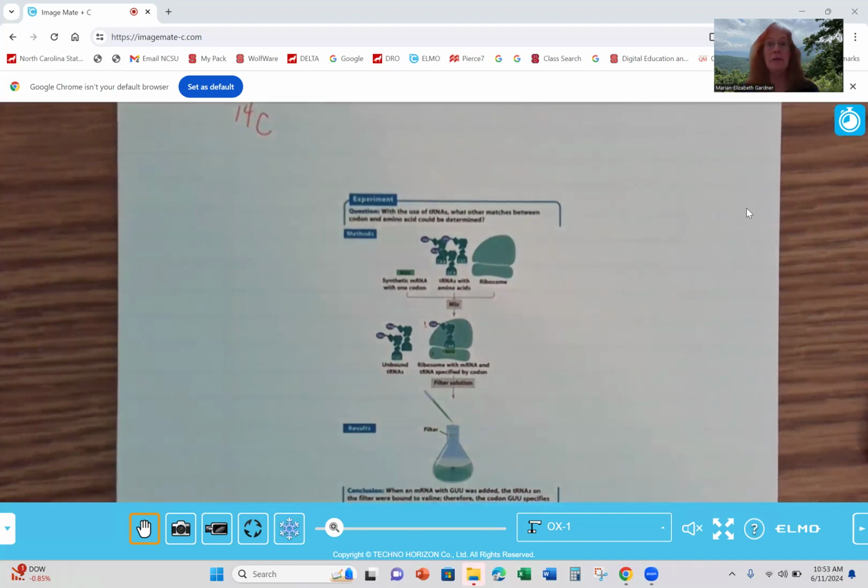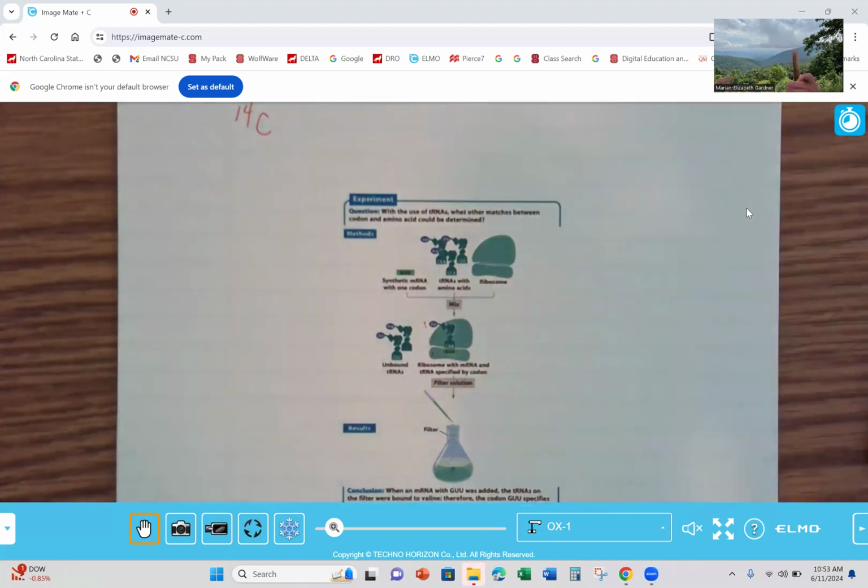If not, the filter paper wouldn't be radioactive. So for each trinucleotide, although there were 20 tubes, each with a different radioactively labeled amino acid, only one would actually result in a radioactive filter paper. And that would be the one where that trinucleotide coded for that amino acid.